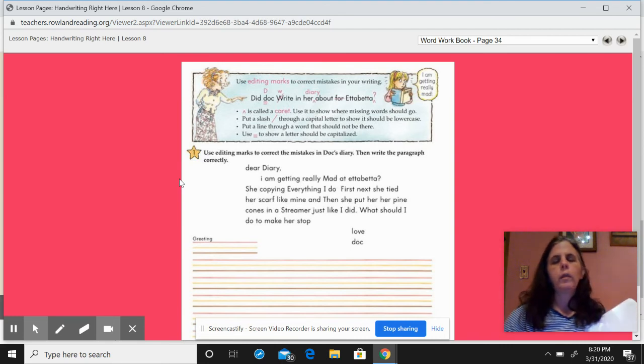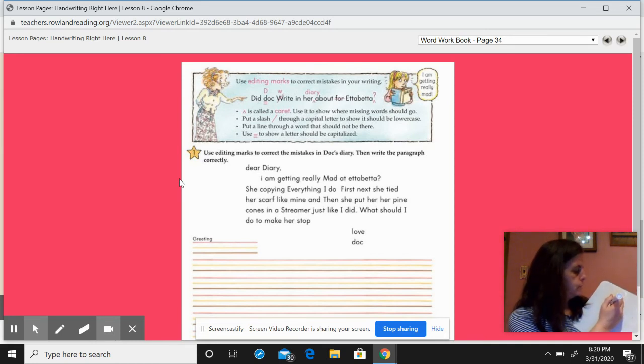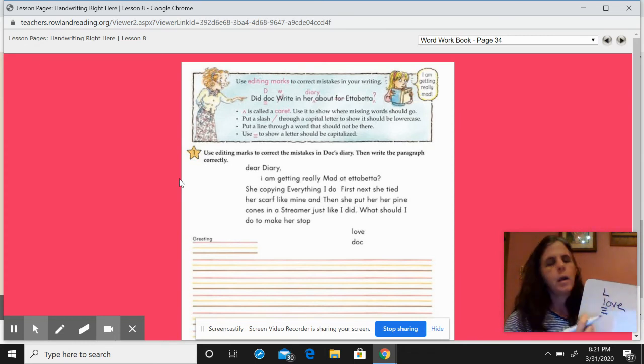And look at that word love. So love here is a lowercase l. Excellent. So we want to put 3 lines underneath because it should actually be an uppercase L. And who remembers what comes after love?